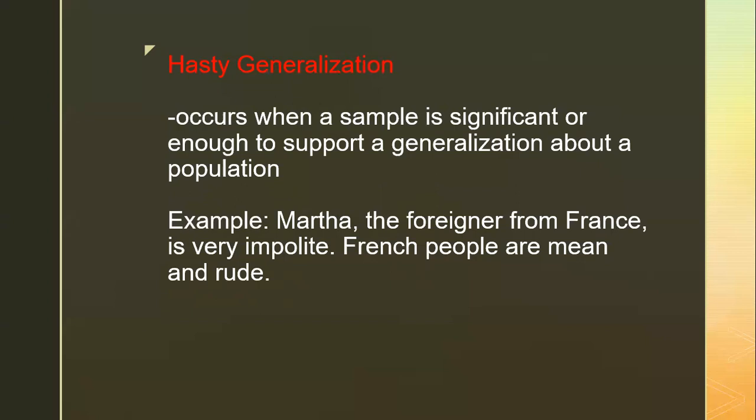Meaning you just use a number of samples or elements from that population, then you treat the whole population the same as the samples that you use. Example, Martha, the foreigner from France, is very impolite. French people are mean and rude. So just because you met Martha and she's French and she's impolite, doesn't mean that all French are mean and rude just like her.